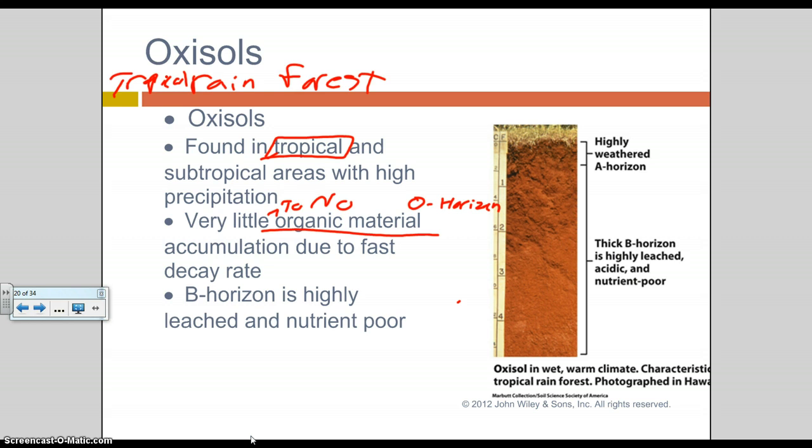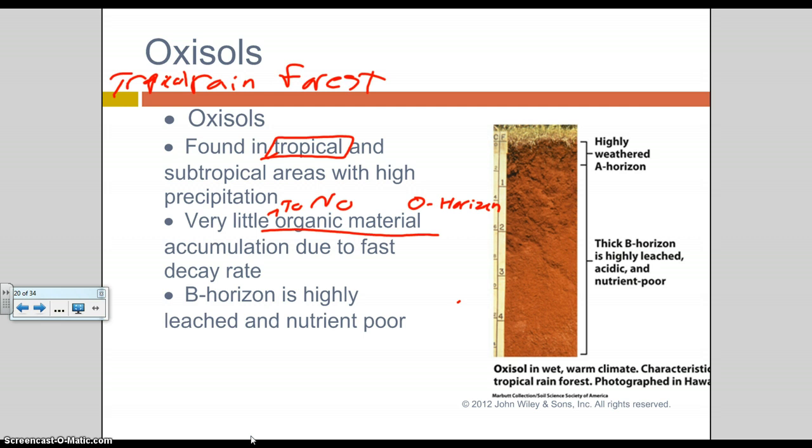Now, even though there's so much thick vegetation, the soil is actually very nutrient poor, and you do not get an O horizon. You do not get a plant litter layer. Now, that is kind of contrary to what one might assume when considering how much vegetation there is in a tropical rainforest.